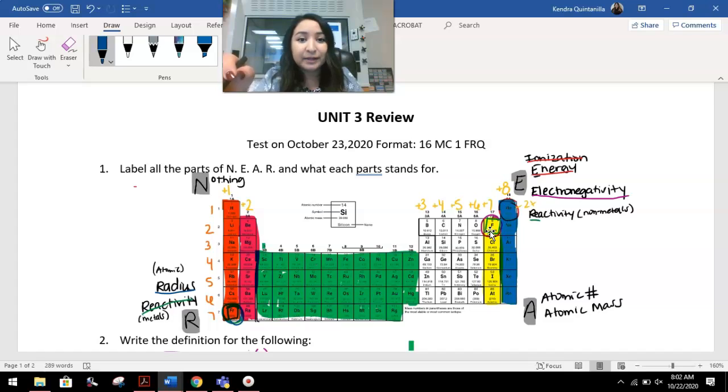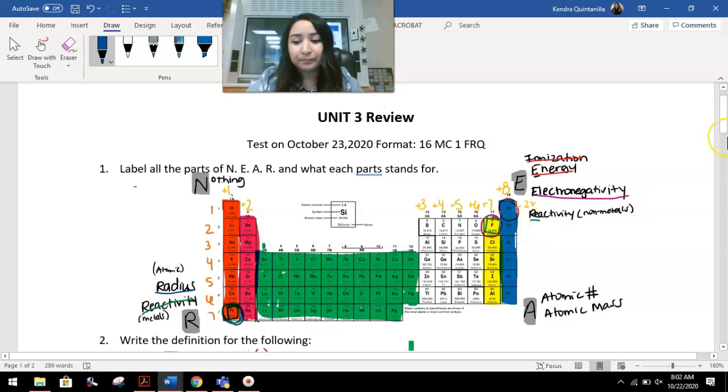To have it complete, it needs 8, so it just needs one more. And because there are only 2 energy levels, meaning the distance from the nucleus to the valence electron shell is very close, they are very attracted to each other. Remember, the closer you are, the more attracted you are. The farther you are, the less attracted.